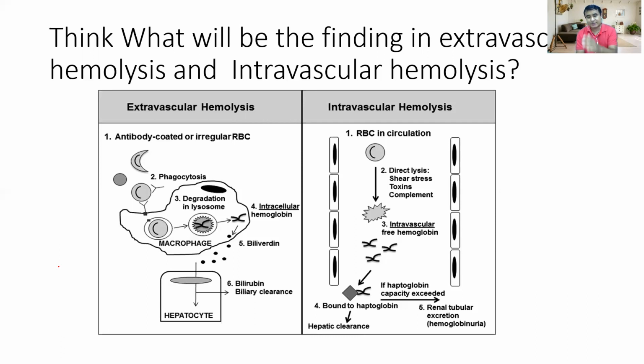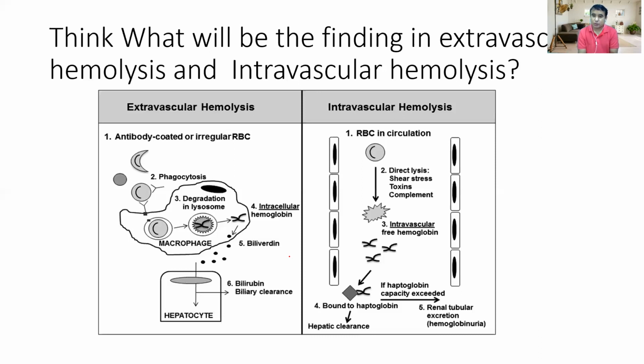But the classical thing about intravascular hemolysis is that free hemoglobin gets released. If there is free hemoglobin inside the vessel lumen, it is toxic, so it has to be neutralized by another compound, and the name of the compound is haptoglobin. Haptoglobin binds this free hemoglobin, and then it is excreted through the kidney.